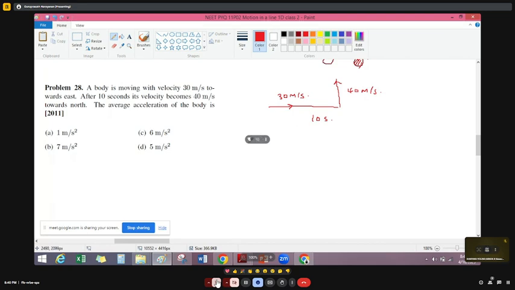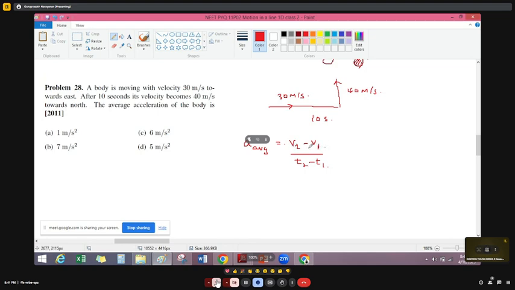So average acceleration formula, anybody? V2 minus V1 by T2 minus T1. I told you A2 minus A1 is wrong, right? V2 minus V1.